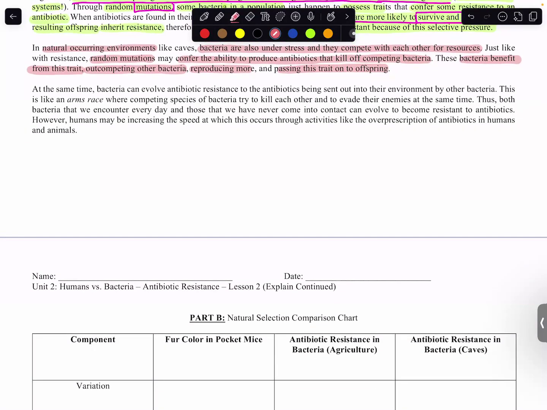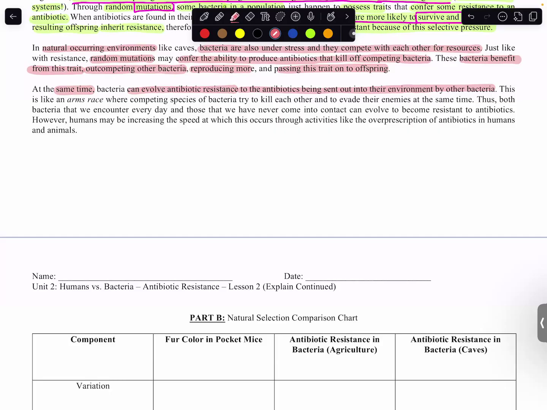Let's conclude. At the same time, bacteria can evolve antibiotic resistance to the antibiotics being sent out into their environment by other bacteria. So even though some bacteria are able to produce antibiotics to kill other bacteria, they're not going to be able to kill every single bacteria that they produce antibiotics for.